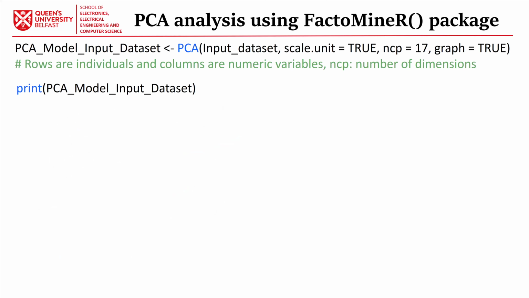Another very useful package in R is this one, FactoMineR, and you can use PCA again on your data set. In this data set, rows are individuals and columns are numeric variables or features.